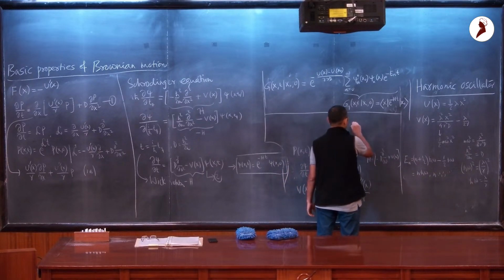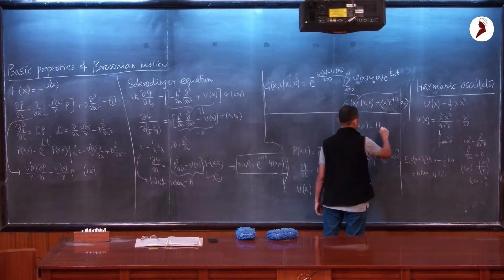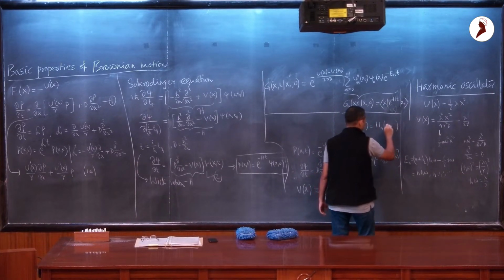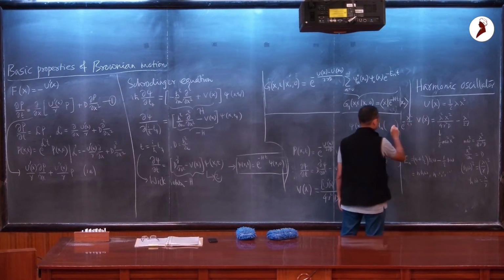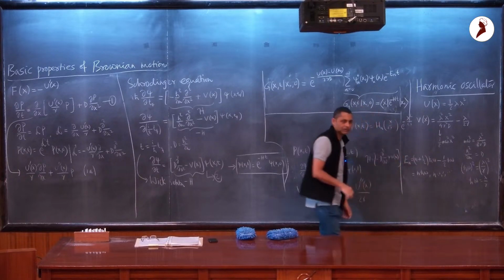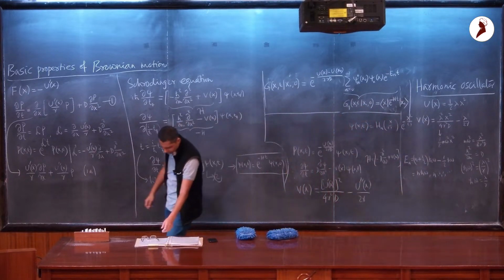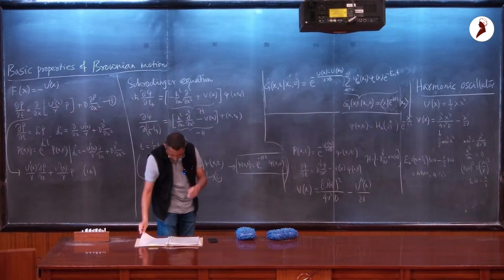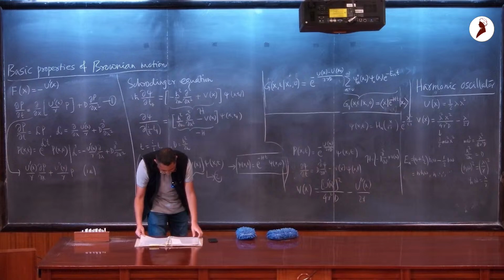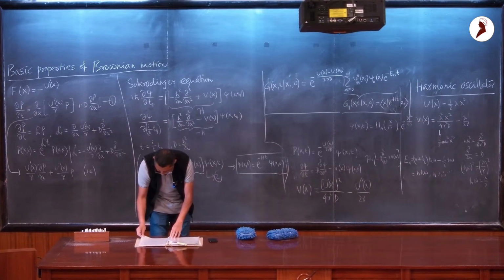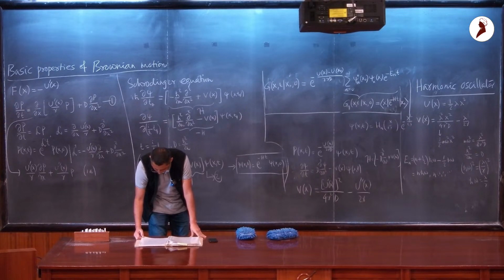So ψ(x,t) is some H_n of some αx times exponential of minus x² by something, right? So these factors, let's see if I have these factors. Okay, so what are these Hermite polynomials?